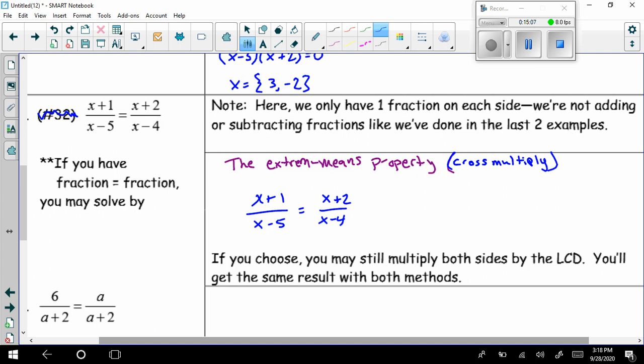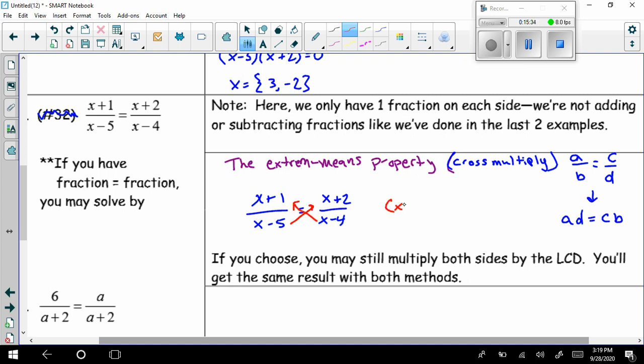We're just going to take, if you have a over b is equal to c over d, this is the same as AD is equal to CB. All right, so here we're just going to take this one over here and this one over here.